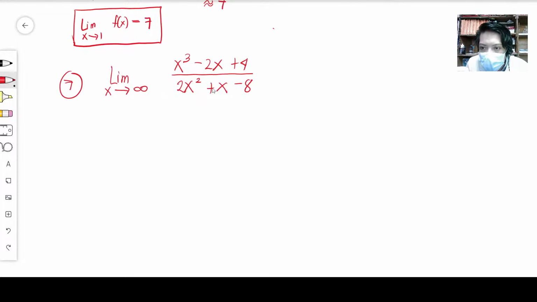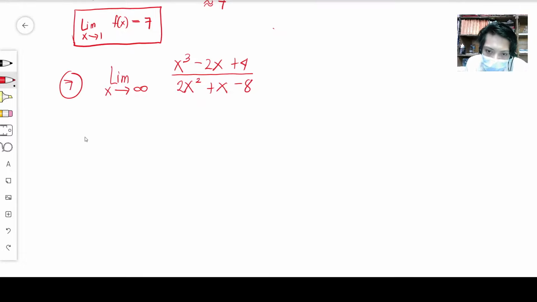When x approaches infinity, before you substitute the infinity, make sure you divide first all terms in the numerator and the denominator by the term with the highest degree. By the highest degree term.